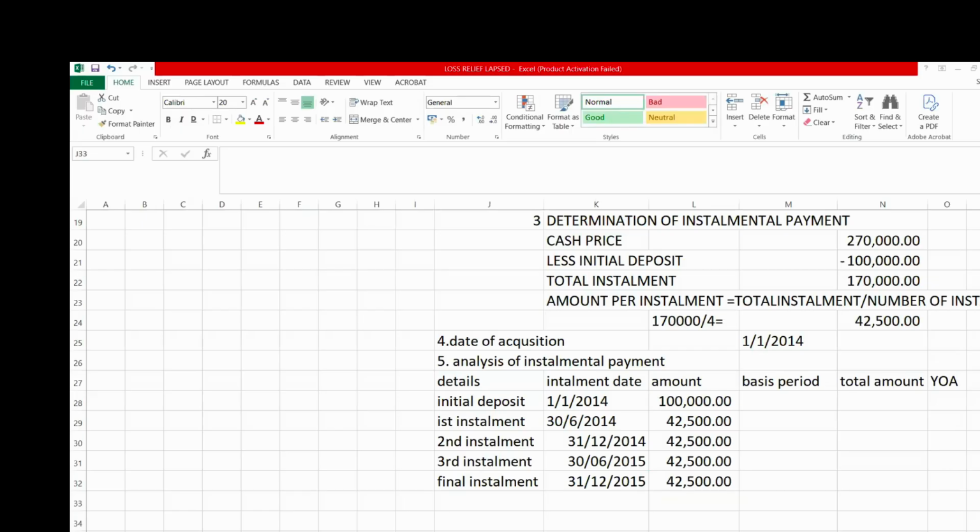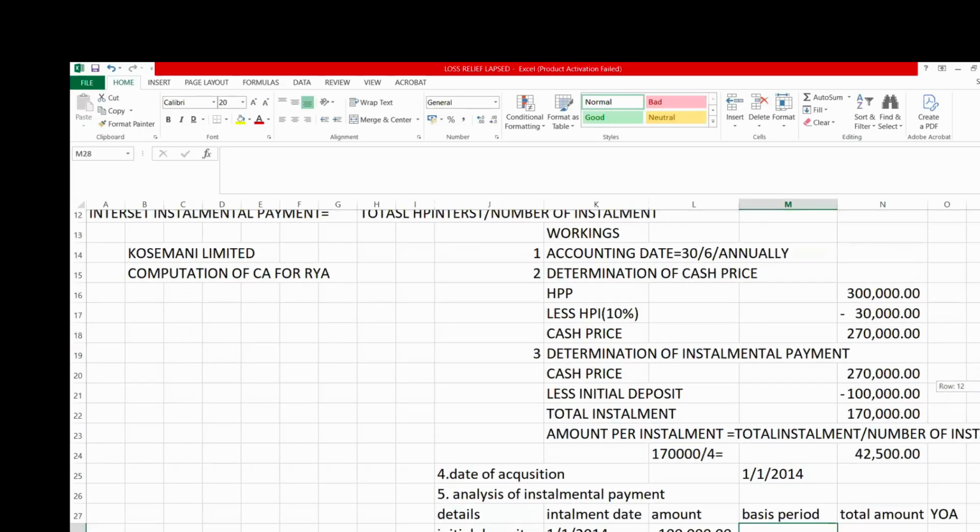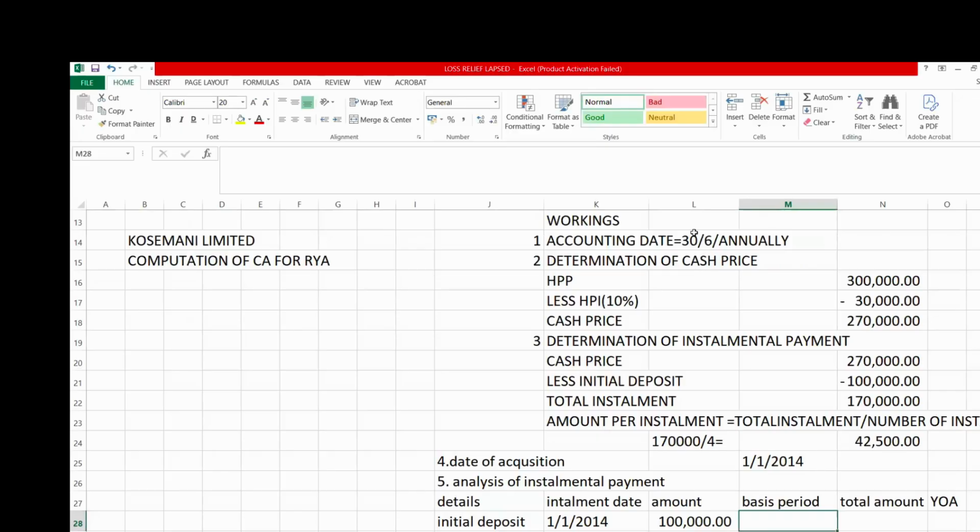So for each of these dates, you need to get the basis period. If a company has an accounting date of 30th June annually, I want to get the basis period that each installment date is going to fall into.